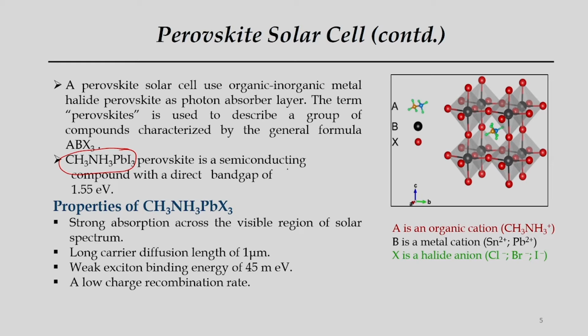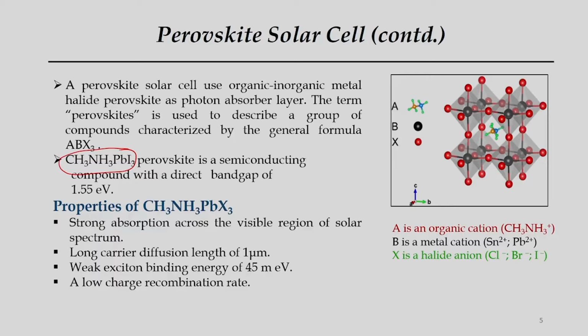Perovskite is a semiconducting compound with a direct band gap of 1.55 electron volt. So, why is it so important? We must know the properties of CH3NH3PbX3. So, let us see the properties. This perovskite has strong absorption across the visible range of the solar spectrum.